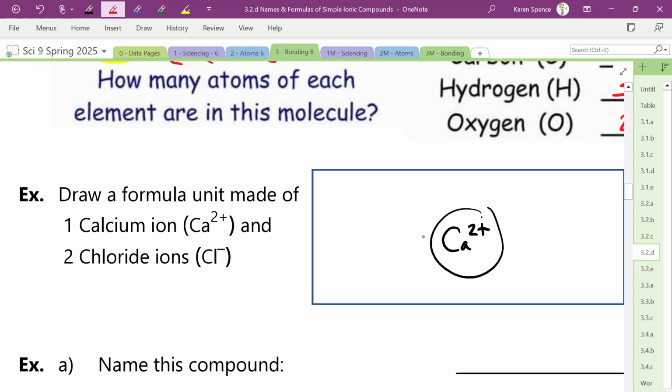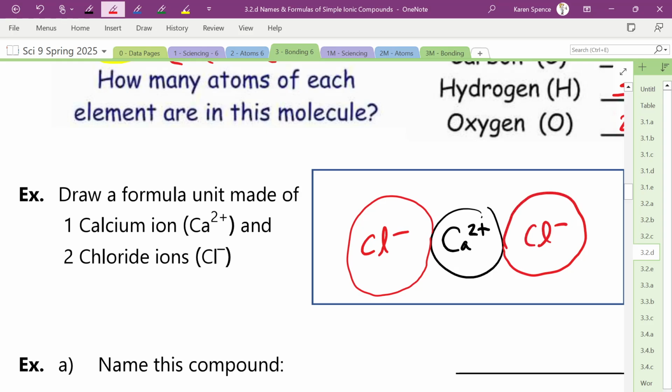What would I draw here? That would be Cl minus and Cl minus. And that, remember, is a formula unit.